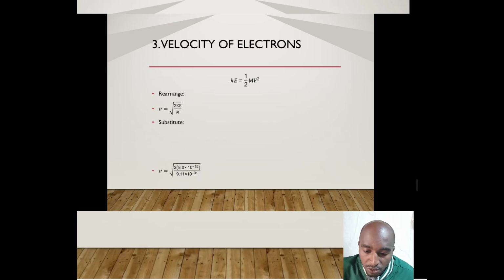If you substitute this into your formula and simplify, you get the velocity of the electron as 4.19 times 10 to the power 8 meters per second. You can always pause the video in case you feel like I'm too fast, and rewind to catch up with my speed.